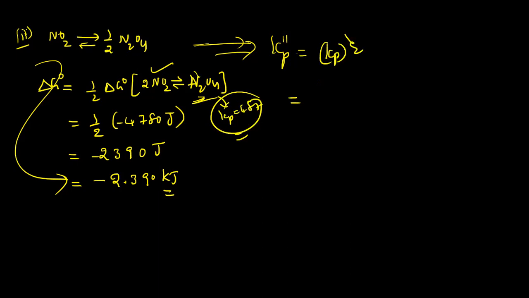So the Kp value is 6.87 whole power 1 by 2. I'll check it out. So the Kp value we got is Kp double dash.